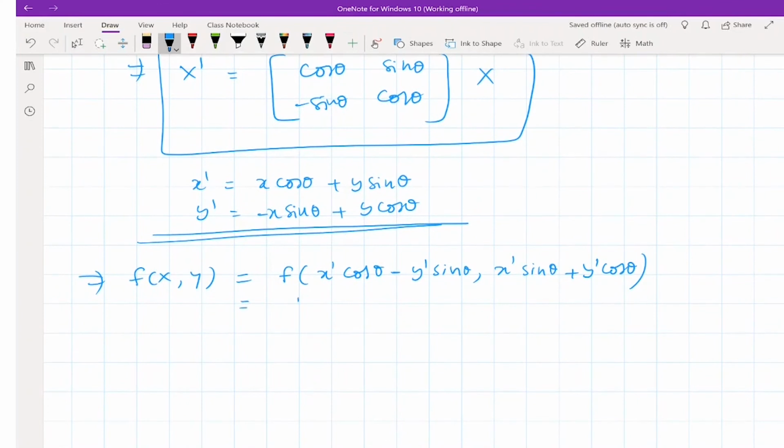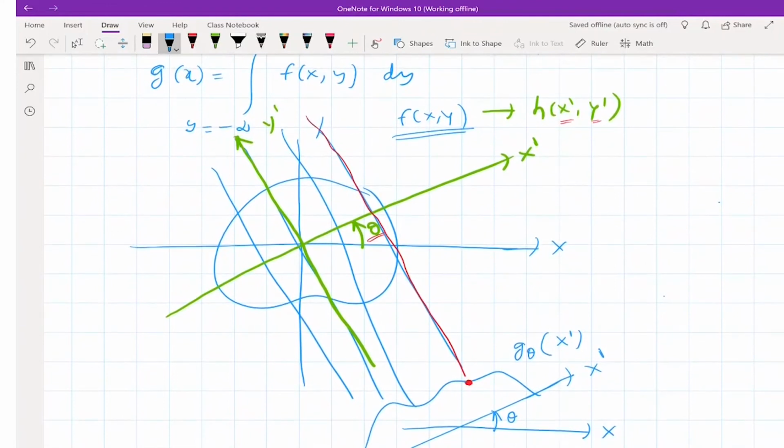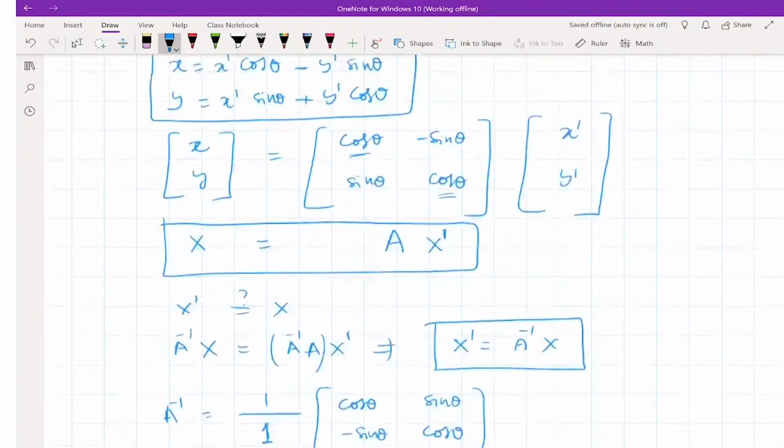This is, in fact, the h of x dash comma y dash that we are talking about here. Now let's write the expression for g theta of x dash.